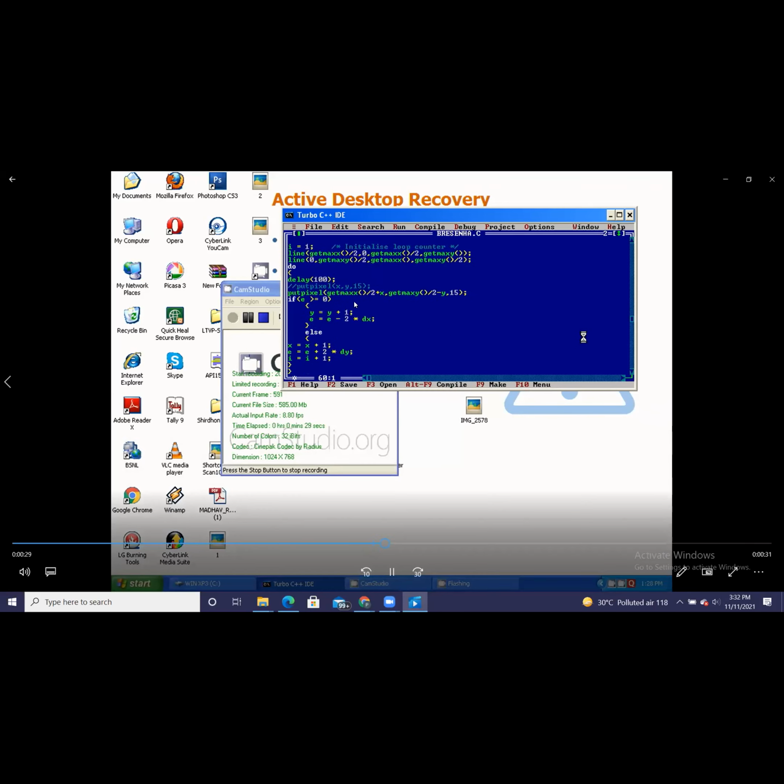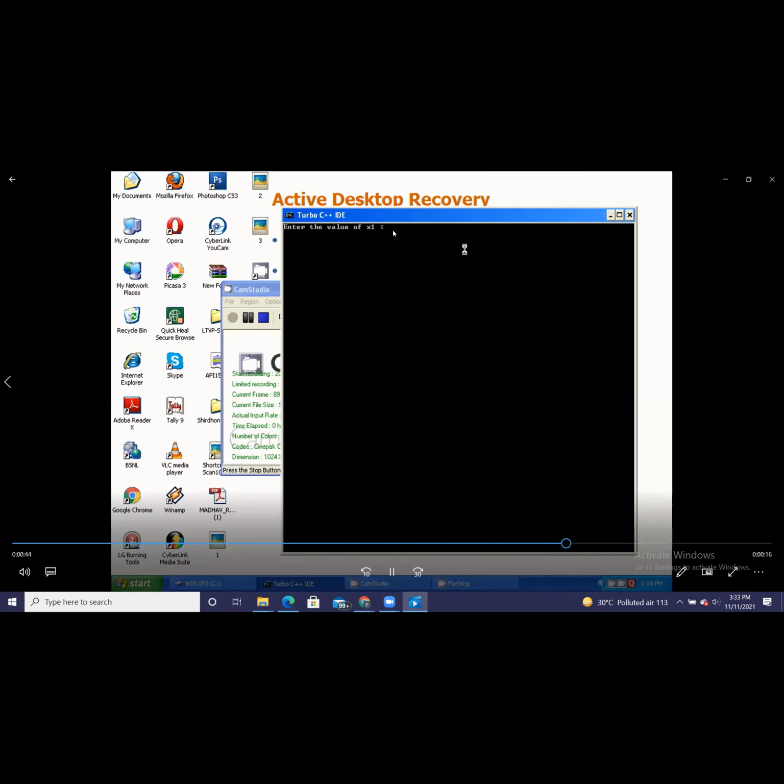All other things are the same, you can observe here. The if else loop is as it is, the while condition is as it is. And whenever I run the program, I will be entering the values of x1, y1 and x2, y2.